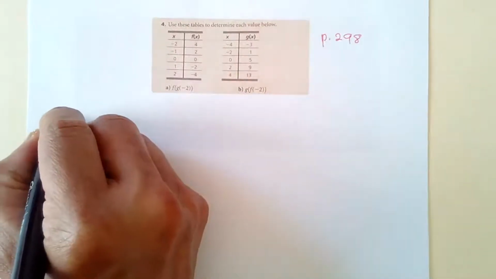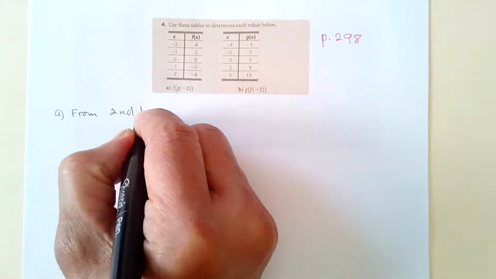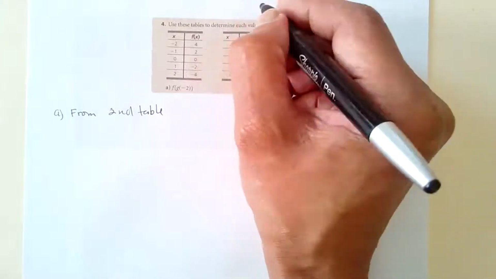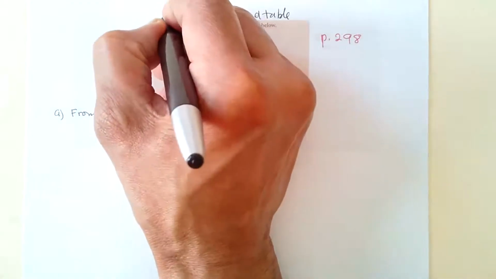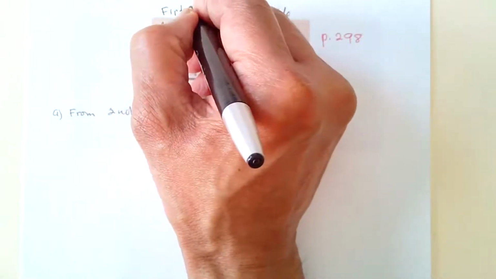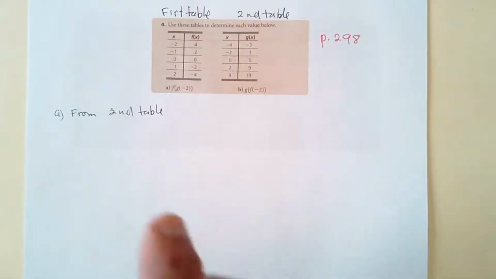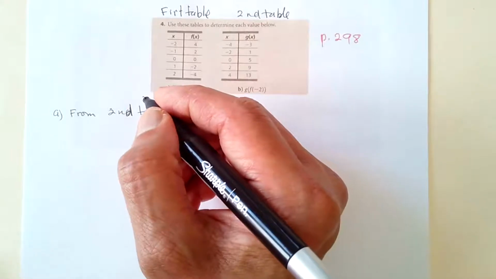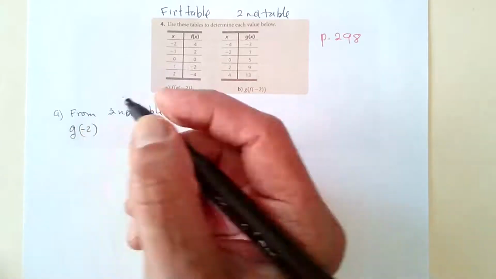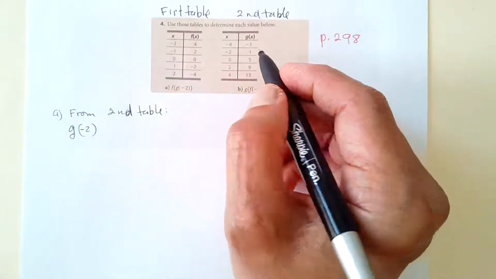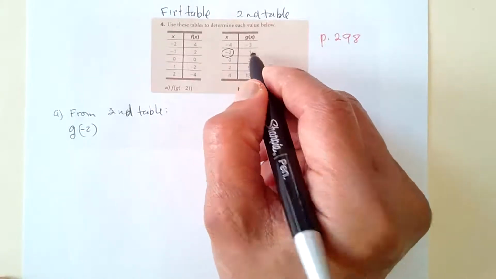So we can say for A, from the second table, g of negative 2. So we go to g of negative 2, we say it's equal to 1. So here is my g of negative 2 here. It's equal to 1.